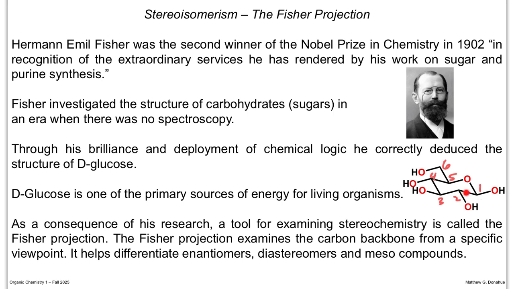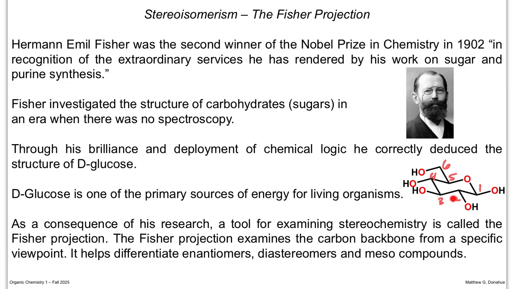If we use that rule for stereocenters, n stereocenters, 2 to the n, so 2 to the 4, that's 16 possible stereoisomers for glucose. If we take 16 and divide that by 2, that gets us the pairs of enantiomers.